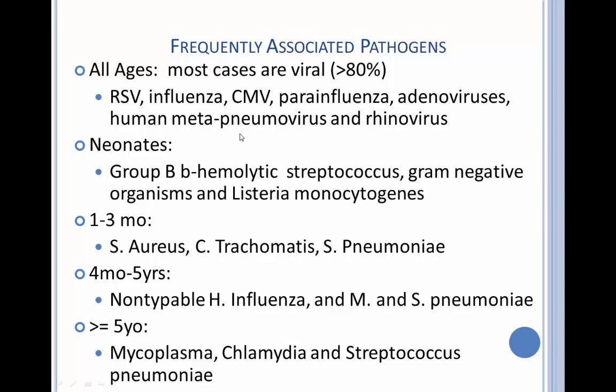Even though the microorganisms change, Strep pneumoniae is the most common, even though mycoplasma, for example, and chlamydia could be present in those older than 5 years. So you empirically start treatment based on Strep pneumoniae and Haemophilus influenzae, and if the patient doesn't improve, then you could change.